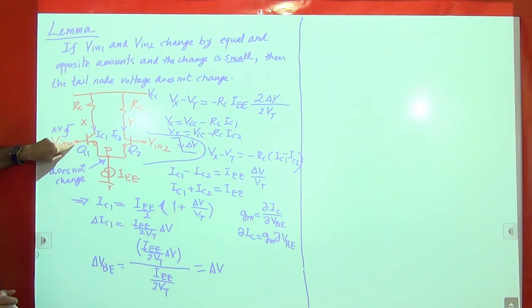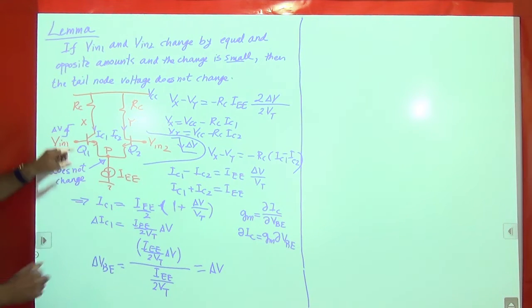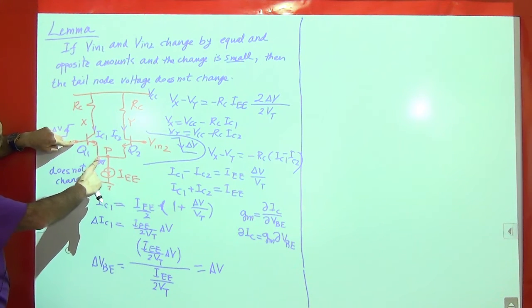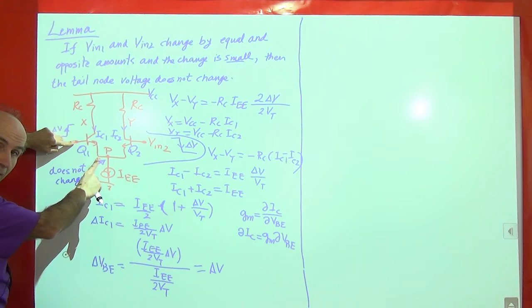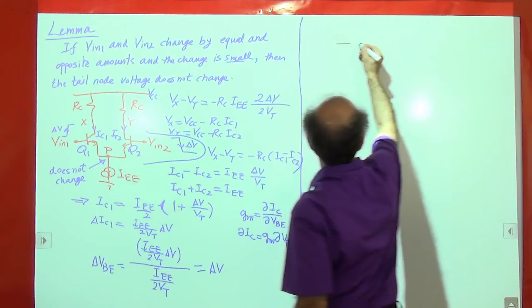All right, so let's go back to Q1 and examine it very closely. The base of Q1 went up by delta V. That was how we started the experiment. After we did all of this analysis, we also concluded that the base emitter voltage of Q1 also went up by delta V. Okay, so here's Q1 in isolation.